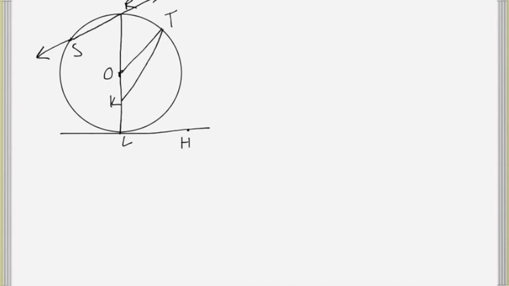Okay, so the first thing that we're going to look for in this picture are some radii. Again, radii is the plural of radius. All radii in a circle are the same length, so they would all be the same measurement. And where can I find some of those radii in this picture? OT. OT would be a radius.